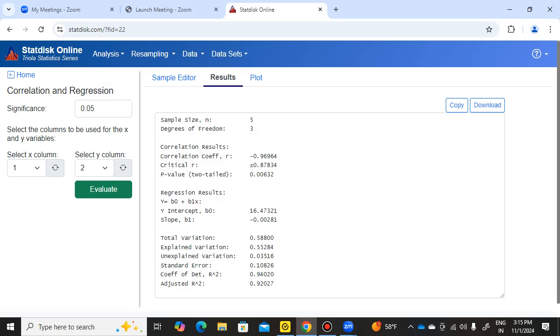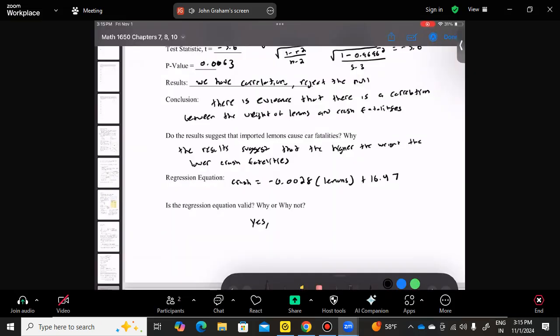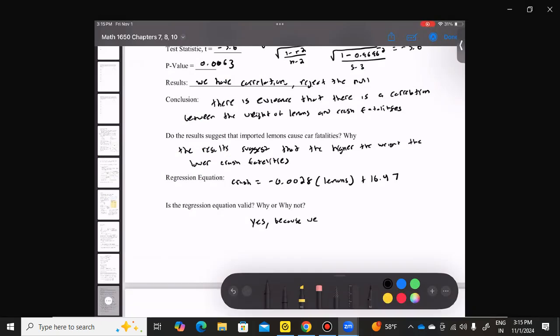And yes, it's valid because we have correlation.